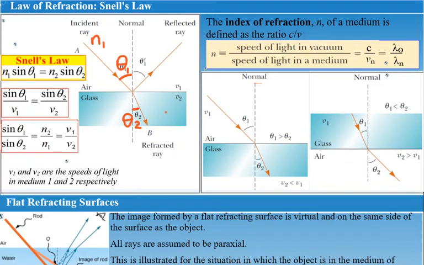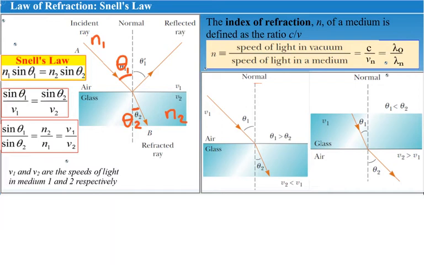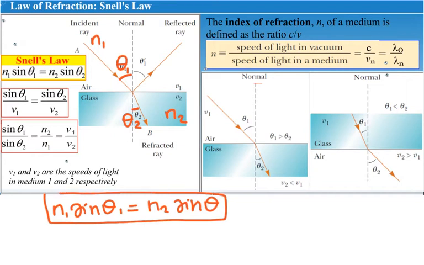The glass is N2. Then Snell's law states that N1 sine theta 1 is equal to N2 sine theta 2. So this would be the equation for Snell's law.